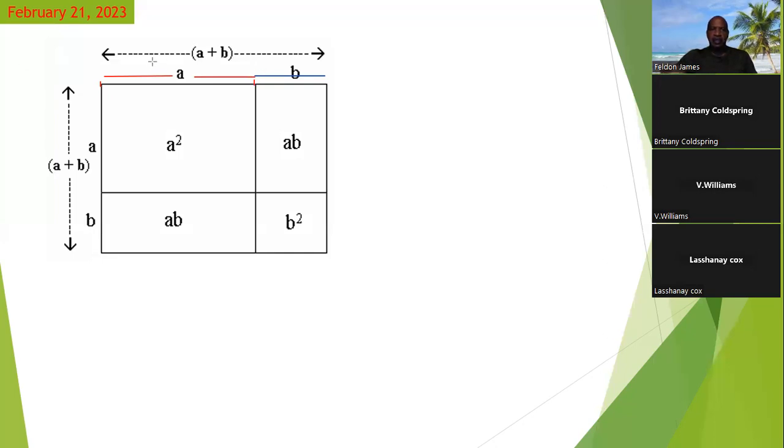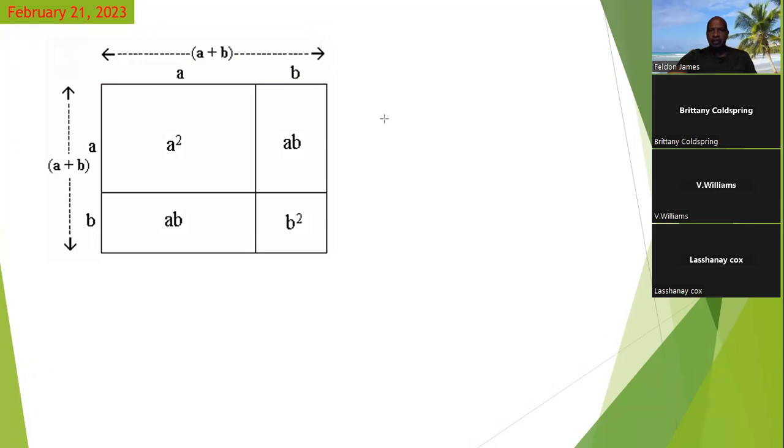So if it is a square and one side is A plus B, it's a binomial expression, and the other side, being a square, would also be A plus B. Now, if we are to find the area of this square, then we would have to multiply length times length.